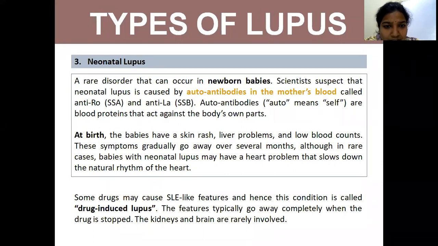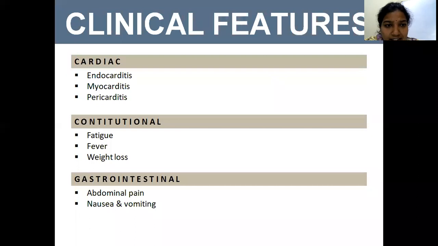These symptoms gradually go away after several months, although it is rare in cases. Some drugs may cause SLE-like features and hence it is called drug-induced lupus. The features typically go away completely when the drug is stopped, and brain and kidneys are rarely involved in this. That is drug-induced lupus.